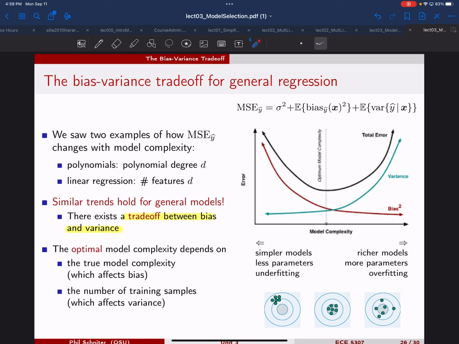But at the end of the day, things tend to have this form. There's a sweet spot in terms of trading off between the effects of bias and the effects of variance that's somewhere in the middle. You don't want to make your model too simple or too complex. And you can always understand it from this perspective.